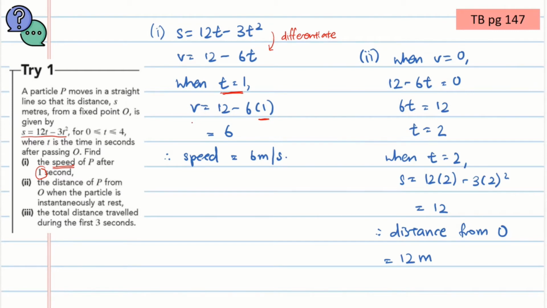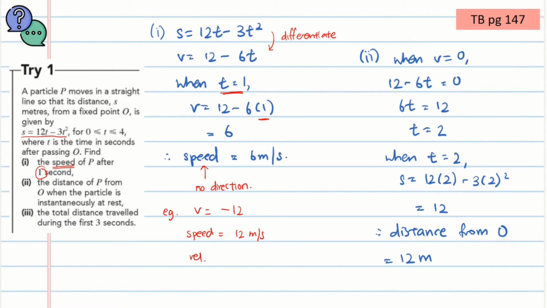Do take note that velocity and speed are slightly different. Speed is a scalar quantity, so there is no direction. So if let's say, if I found that my velocity value were to be negative 12 instead in value, our speed is actually 12 meters per second.